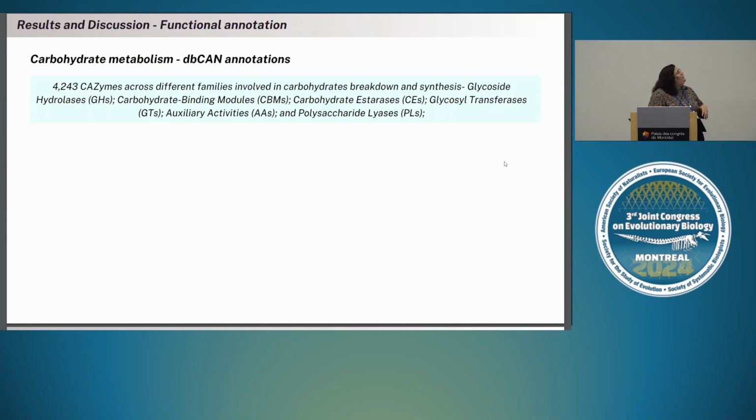In a general way, we found 4,243 enzymes in these genomes, annotated across different families involved in carbohydrate breakdown and synthesis, listed here.